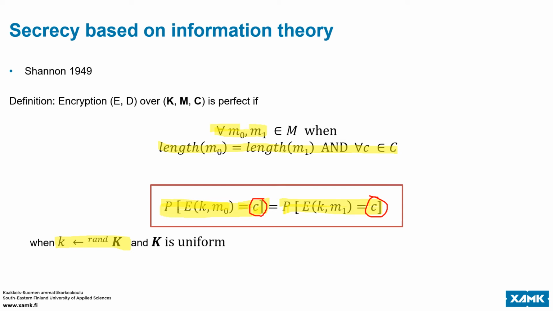So in practice, if we select a random message and a random key and end up with a ciphertext that is something, let's say it's 101010 and so on, the probability that this happens to be the ciphertext should be equal for all possible messages that we could possibly want to encrypt. So the probability that it's this particular ciphertext should be the same across all messages and all keys.